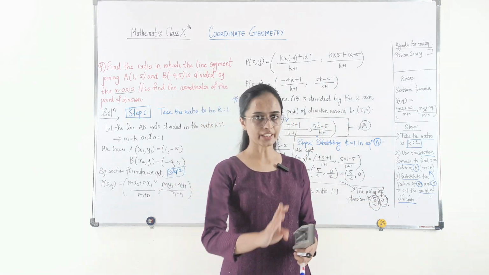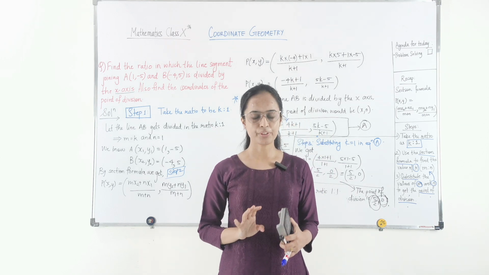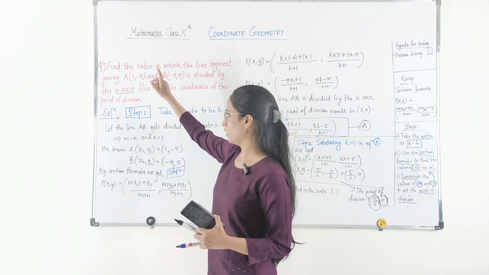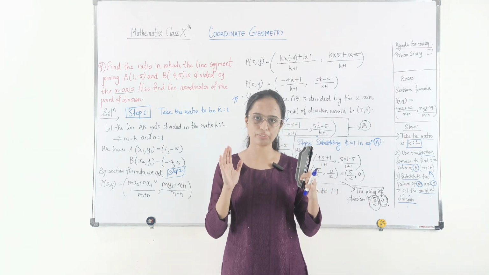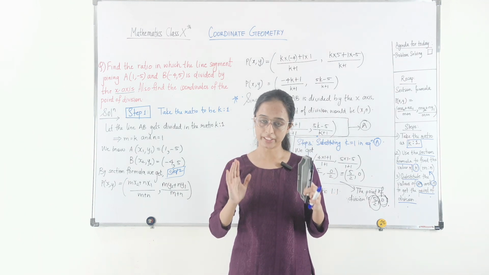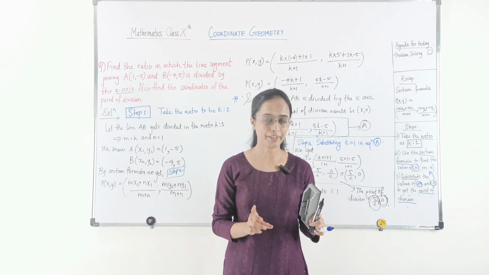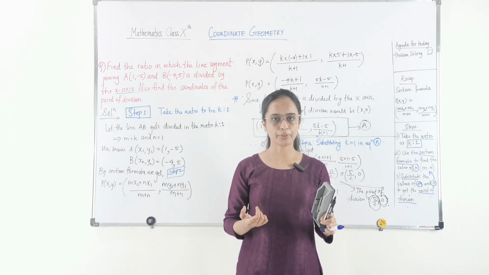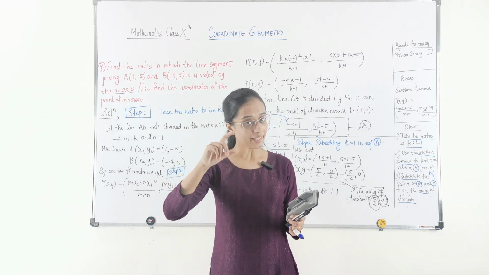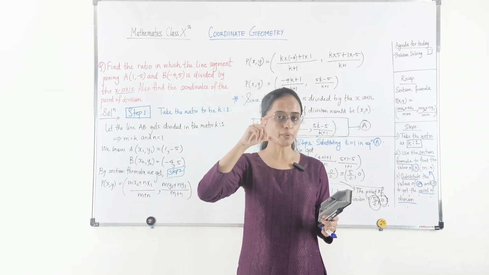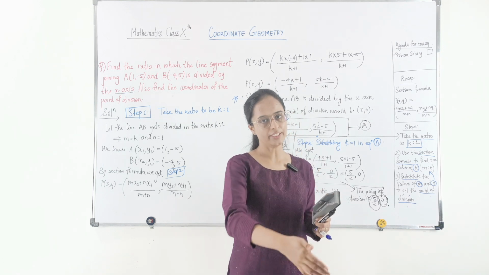So to once again just give you an overview of what we have done, the question was, you were given a line segment and you were asked to find the ratio in which the line segment gets divided. One additional information was given to you, that the line segment was divided by the x-axis. This is the point which you should remember and use in the later stage.